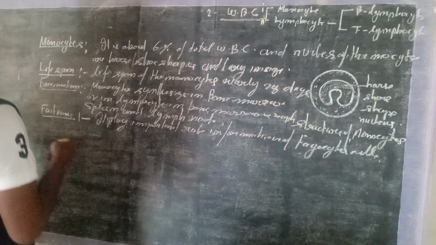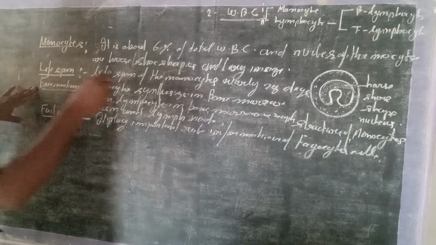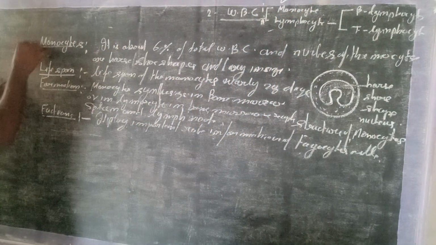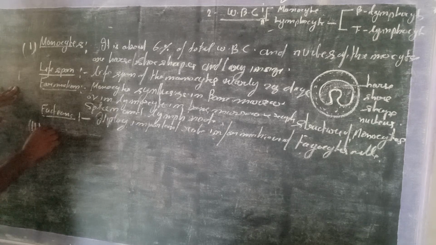Phagocyte cells are formed. The first part we have done here; now we will discuss the second part, the lymphocytes.